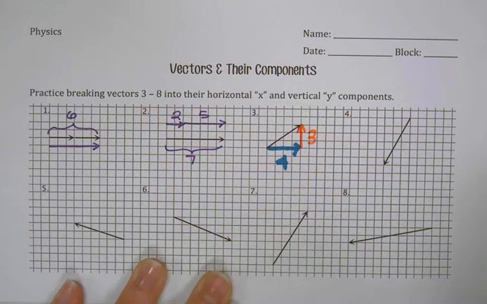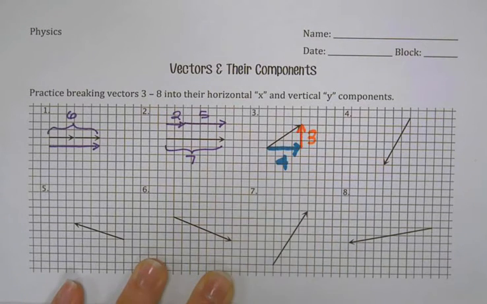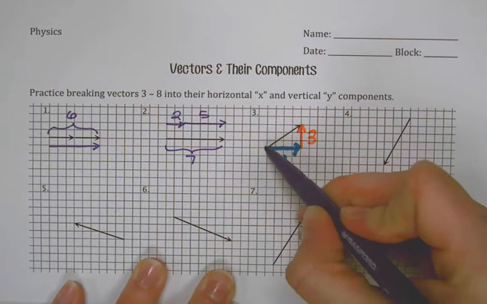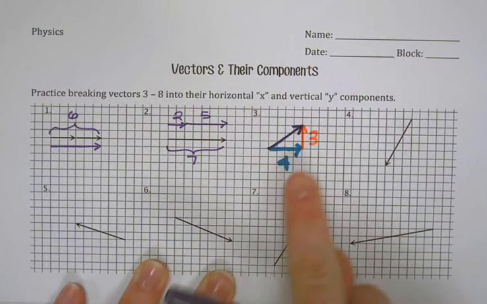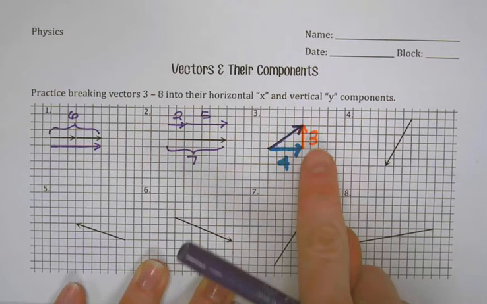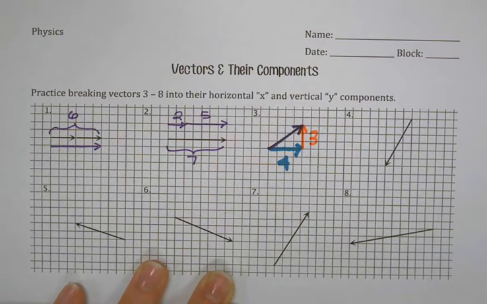So that x vector of 4 plus that y vector of 3 gives us the resultant we see right here. You could do the Pythagorean theorem, 3 squared plus 4 squared equals c squared, and solve for the value of that. But right now we're just going to look at the graphical meaning of these components, not necessarily mathematical.